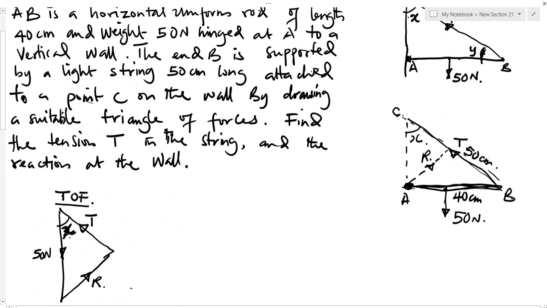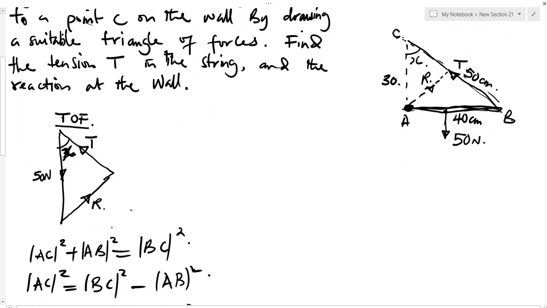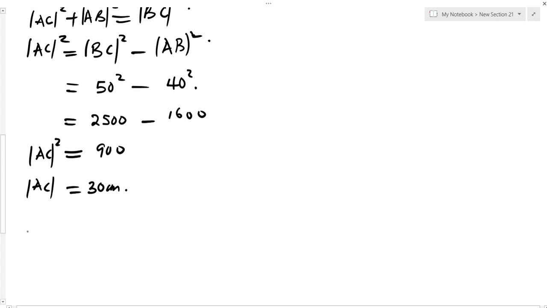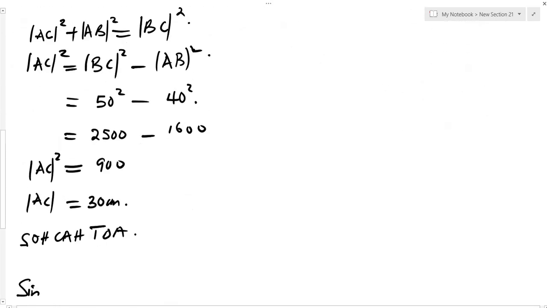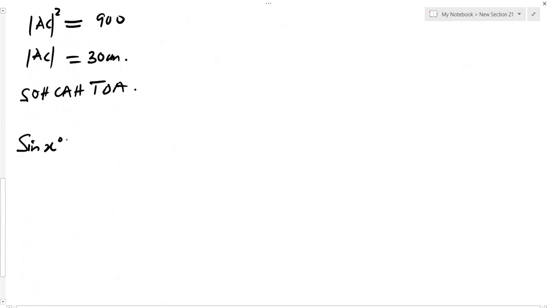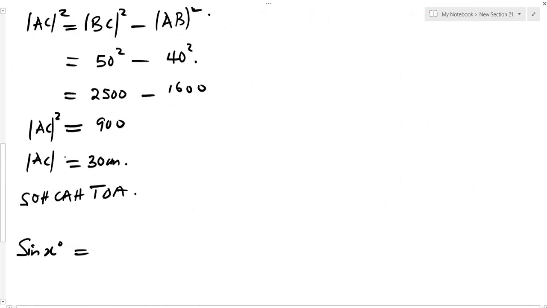Now, having gotten AC to be 30 centimeter here, now using SOH CAH TOA, sine of angle x will be, the sine is opposite all over hypotenuse.